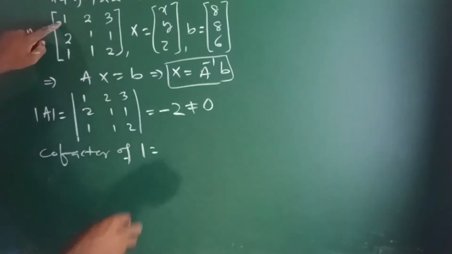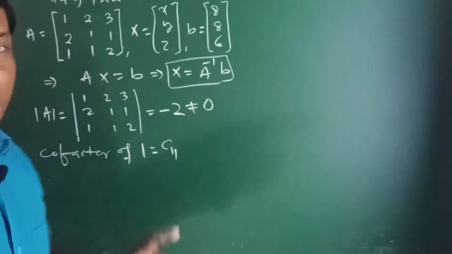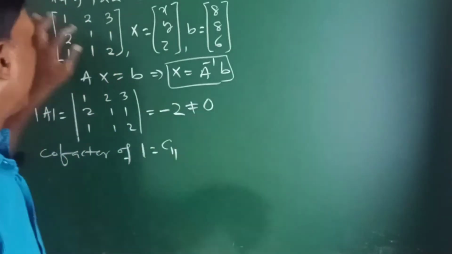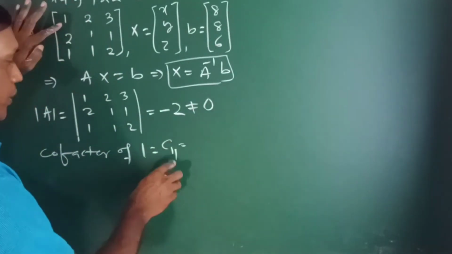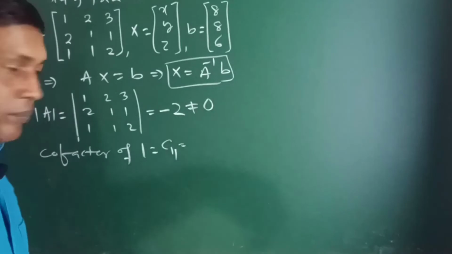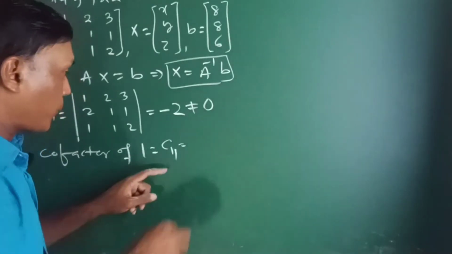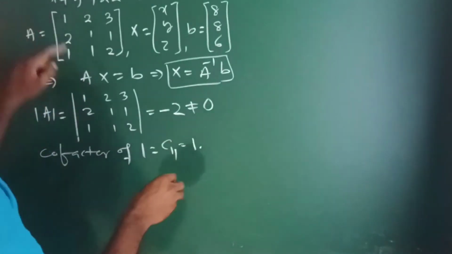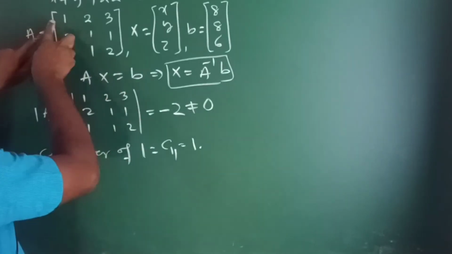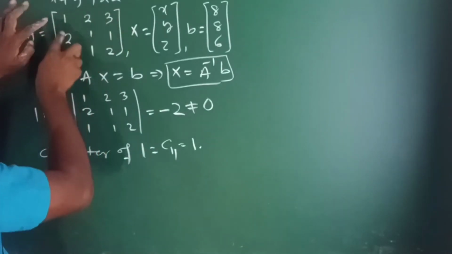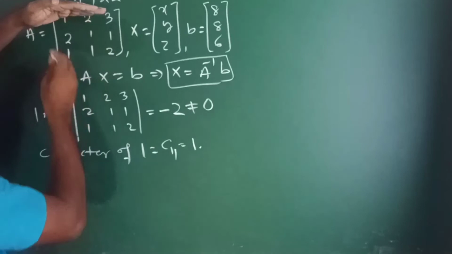Look at here. This is C11 because the element is in position A11. C11: 1 plus 1 is 2, that means even. So the cofactor is 1 into the minor of 1, and the minor of 1 is: leave this and leave this. Delete this row and delete this column.